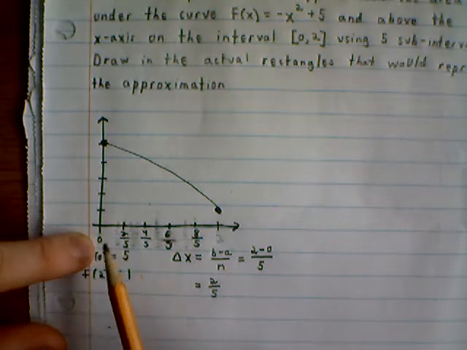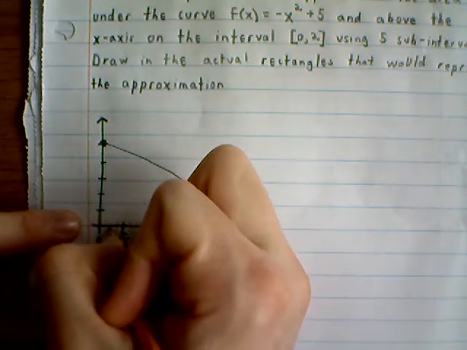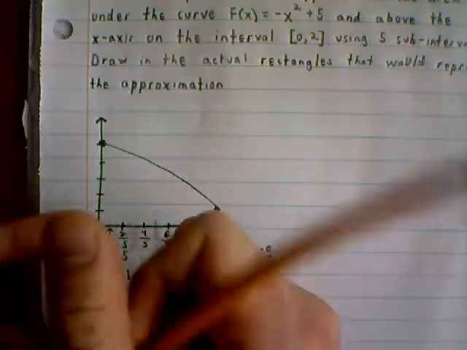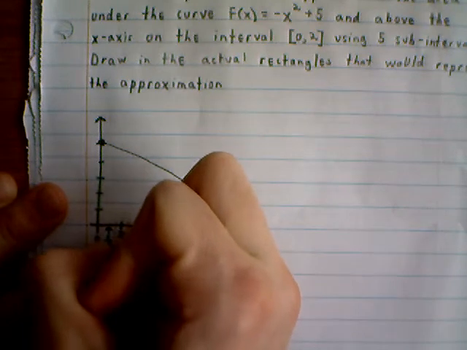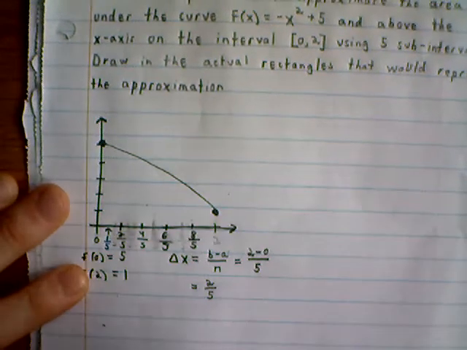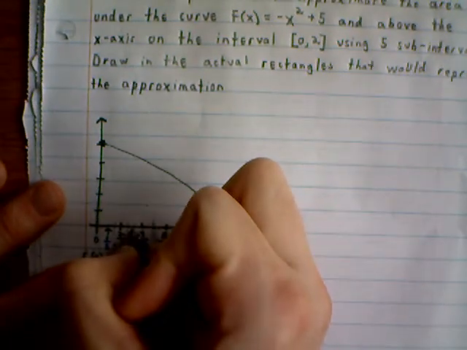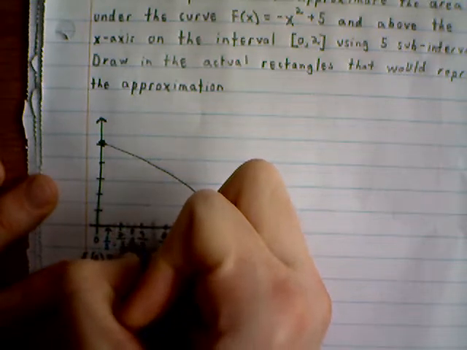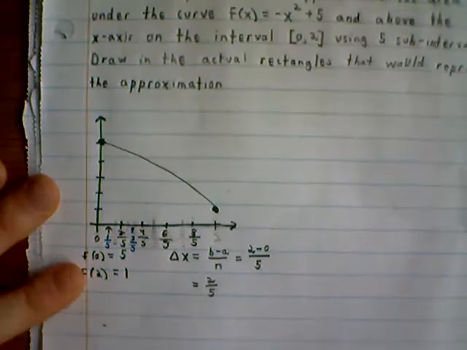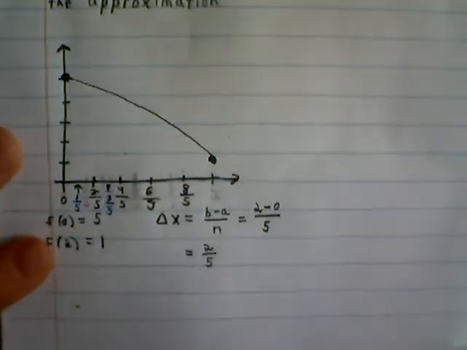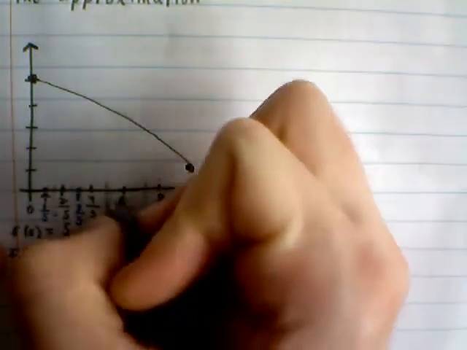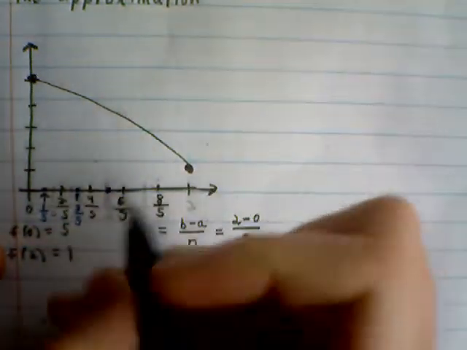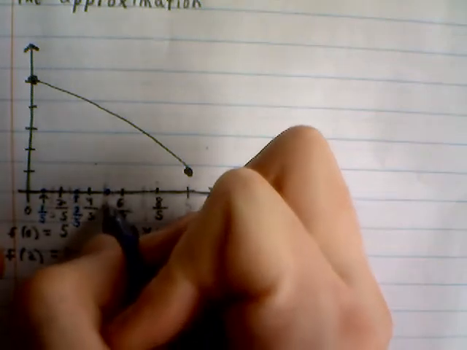0 plus 2 fifths divided by 2 is 1 fifth. I'm going to find the midpoints in a different color just so we can keep track. The midpoint between 2 fifths and 4 fifths would be 3 fifths. The midpoint between 4 fifths and 6 fifths would be 5 fifths or 1.